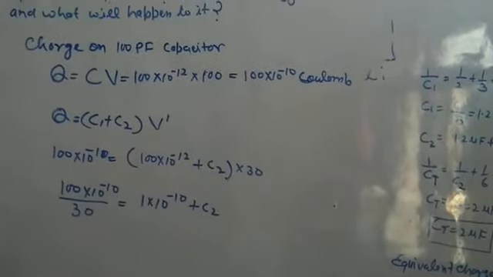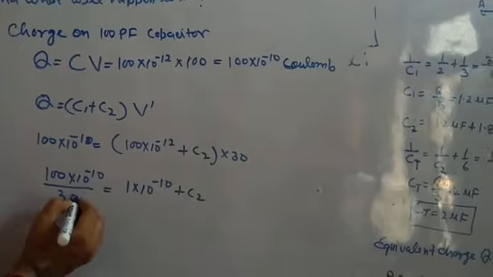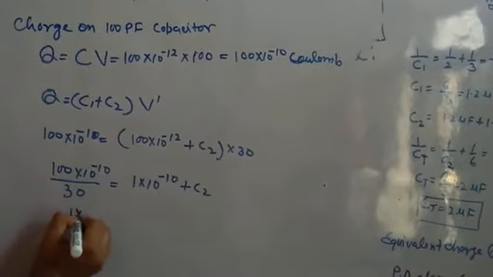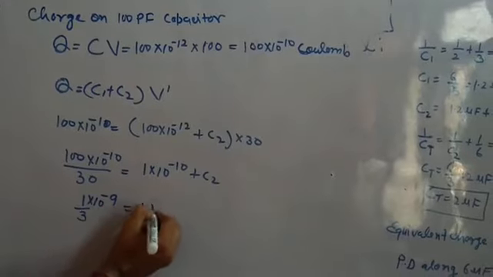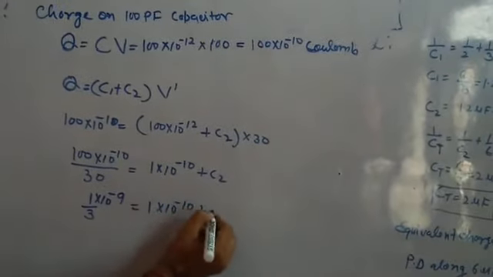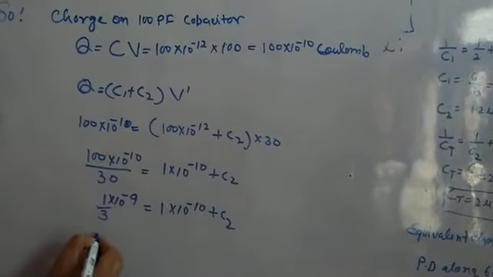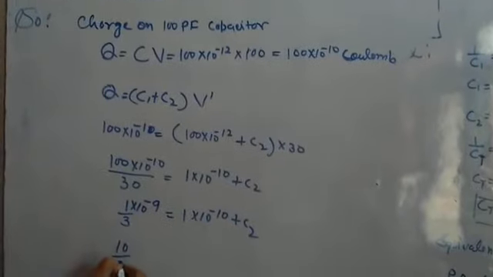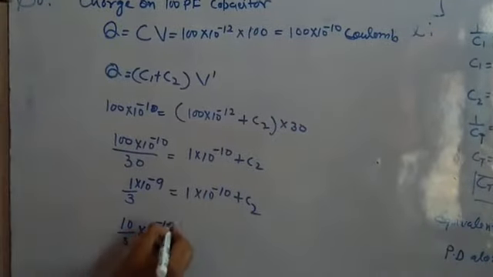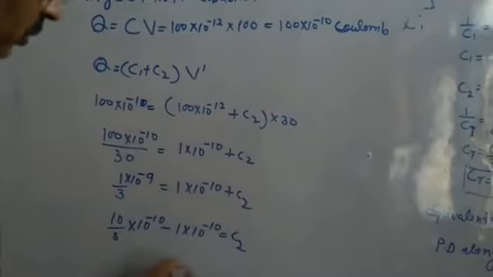Or you can say 10 by 3 into 10 power minus 10 minus 1 into 10 power minus 10 equals C2.